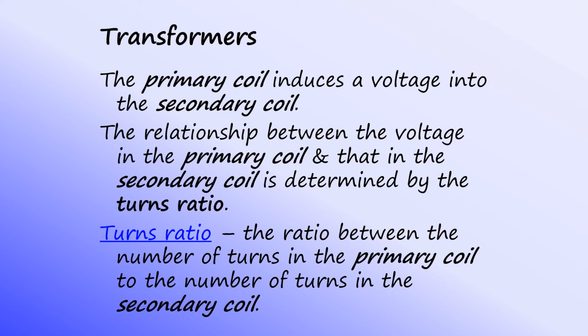The relationship between the voltage in the primary coil and that in the secondary coil is determined by the turns ratio. The turns ratio is the ratio between the number of turns in the primary coil to the number of turns in the secondary coil.